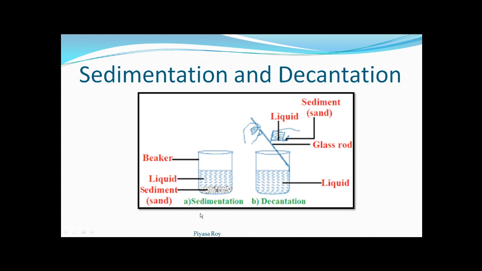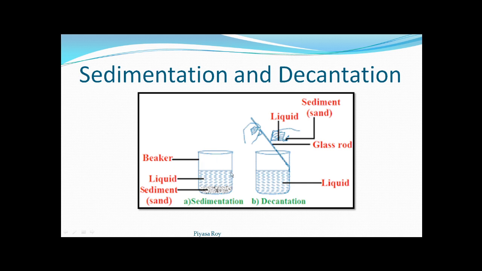You can see in the beaker, this is the liquid, and here at down you can see the sediment, that is sand. As sand particles are heavy in weight, they settle down at the bottom, and then this process is called sedimentation.